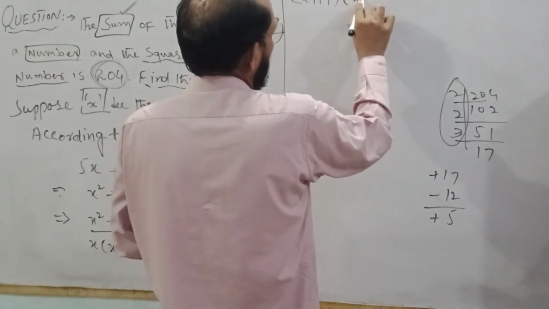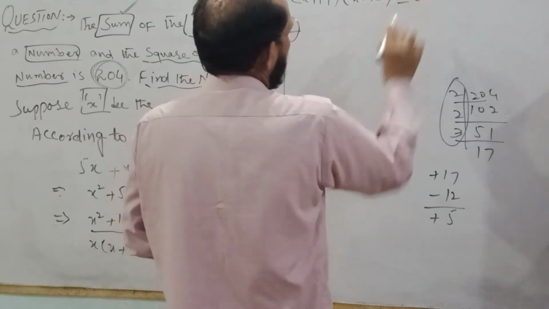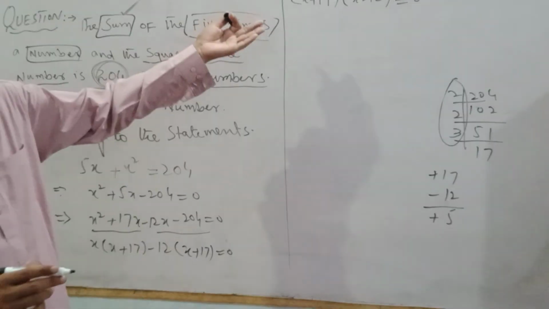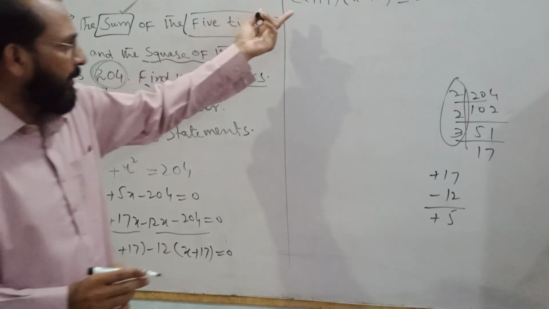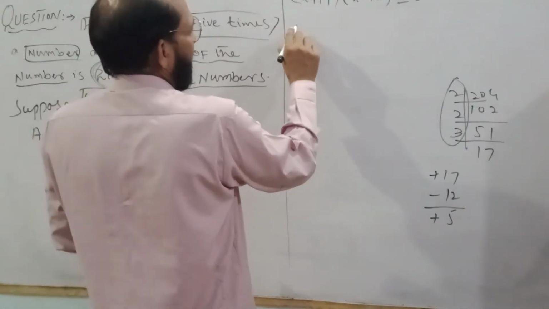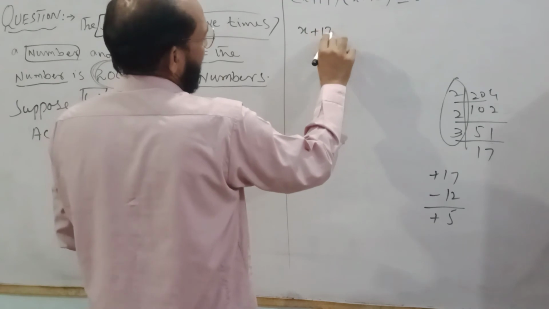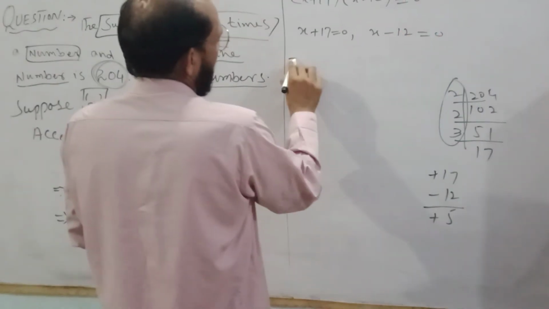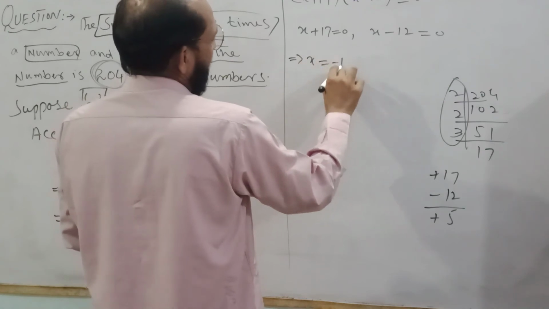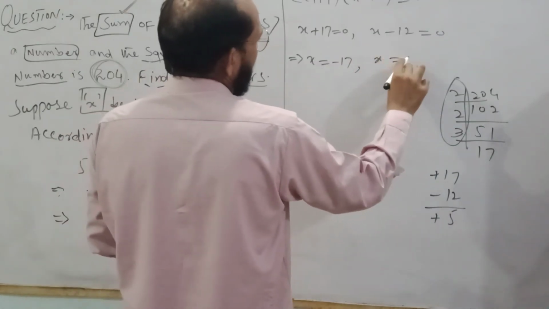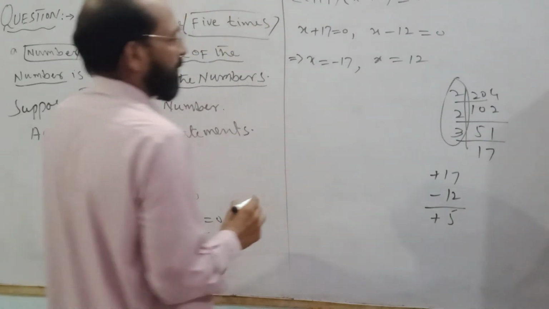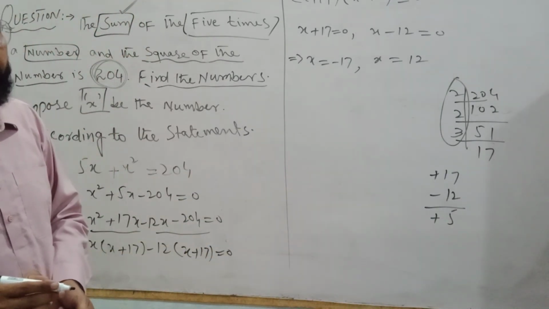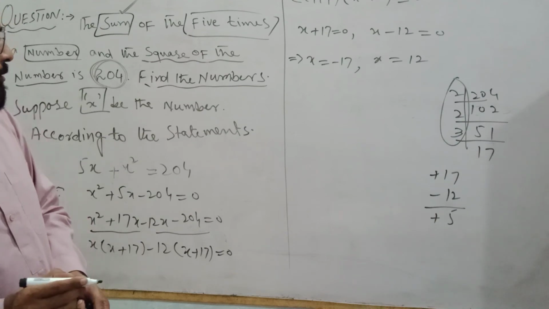Okay, x minus 12 is equal to 0. These are the two factors. After the simplification, we get the value of x by putting x plus 17 is equal to 0 and x minus 12 is equal to 0. So x will come negative 17 and x will come positive 12. Okay, these are the two values of x which we can find.